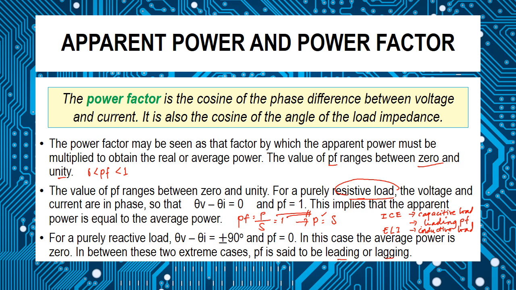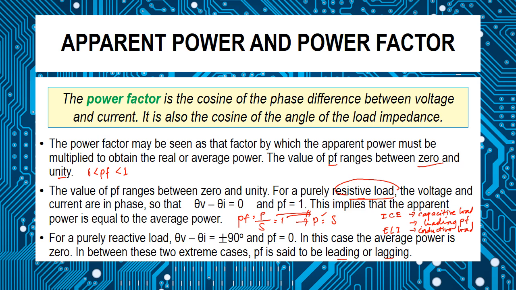For a purely reactive load, theta V minus theta I is equal to plus or minus 90 degrees, and PF is equal to 0. So in this case, the average power is also 0. In between these two extreme cases, PF is said to be leading or lagging. So we can actually determine if the power factor is leading or lagging.